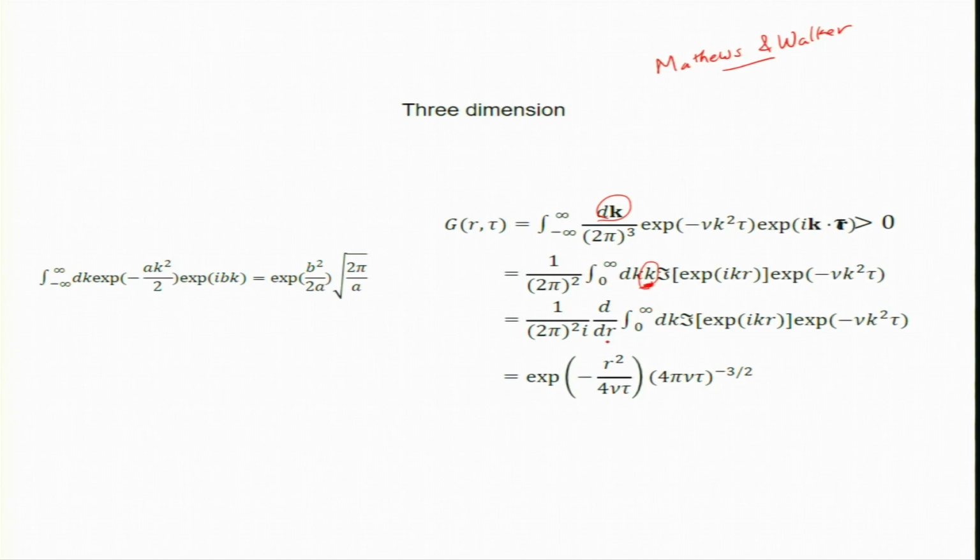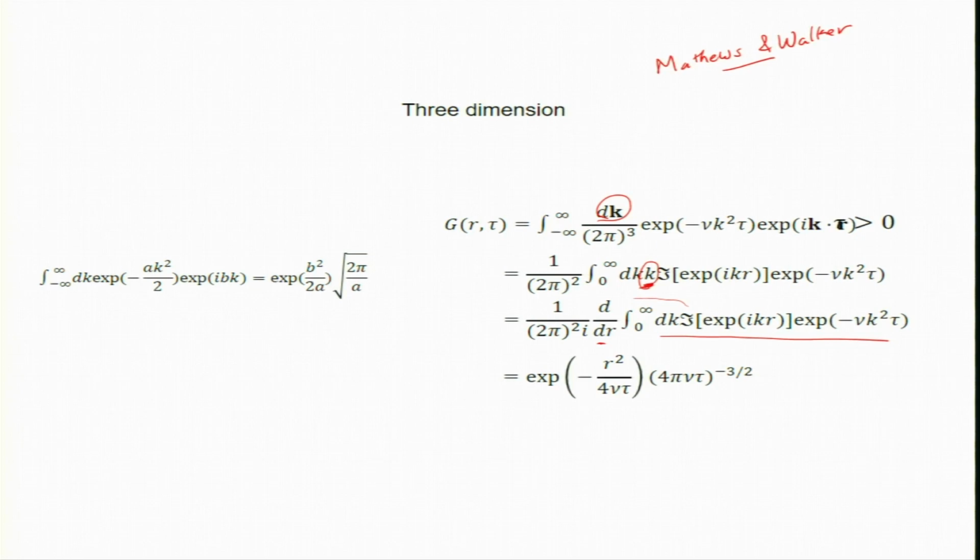Keep only the exponential part. Now do the derivative with r. If I do a derivative with r, what will I get? Ik will come. Imaginary you can put outside, imaginary is a linear operator. You can compute something and do the imaginary part, or you can do the imaginary part and compute, so the imaginary will commute.